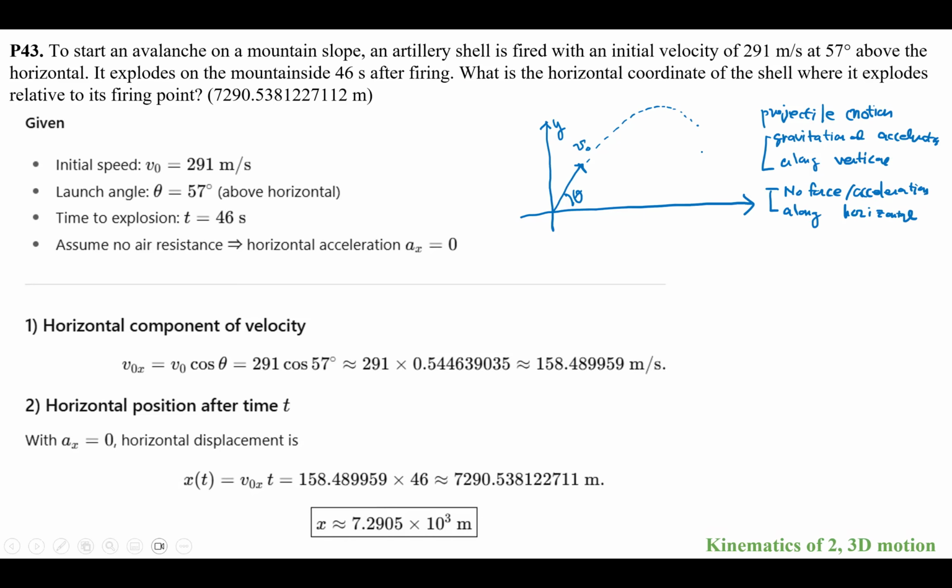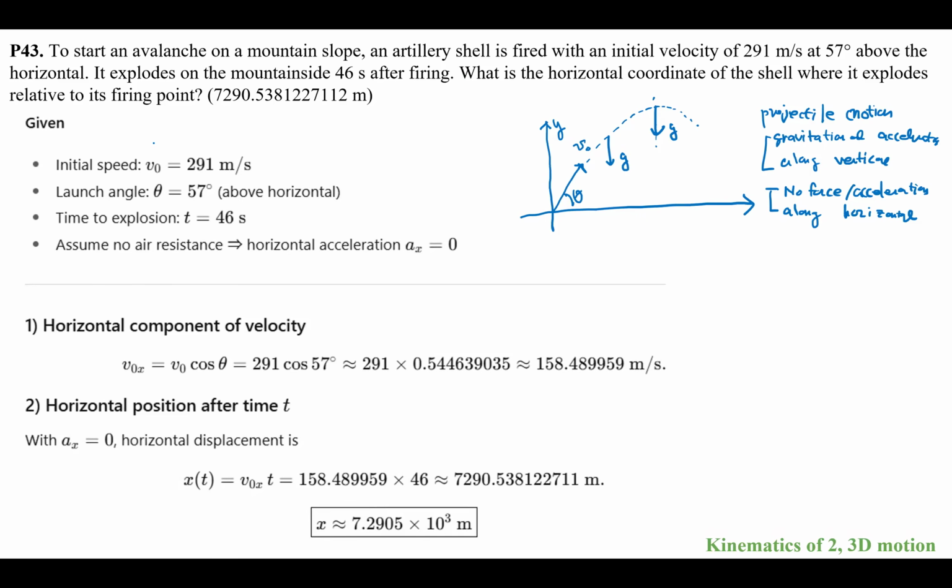So we have to separate the motion along the horizontal direction and the vertical direction. That's the first thing we need to find out. Note that along the vertical direction, there is always minus g acting at every position. But along the horizontal direction, there is no acceleration. That's the first thing we need to know.